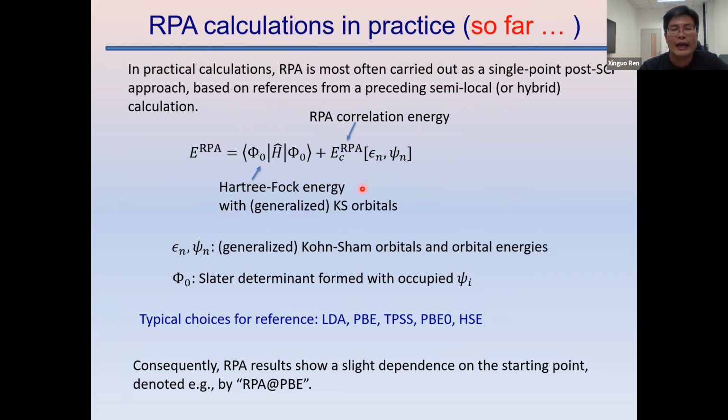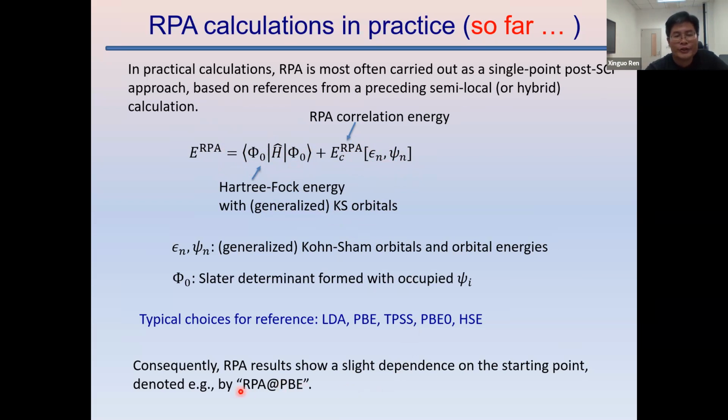You have the eigenvalues and the eigenfunctions. And then the RPA total energy contains two parts. The first part is just the Hartree-Fock energy, but the Hartree-Fock energy evaluated with the Kohn-Sham orbitals, or in case of hybrid functionals, the generalized Kohn-Sham orbitals. The second part is the RPA correlation energy, which depends on both the orbitals and orbital energies. So we will show how this is evaluated.